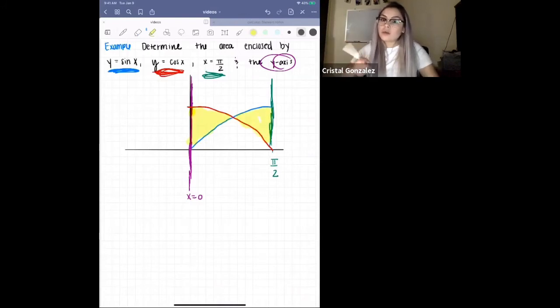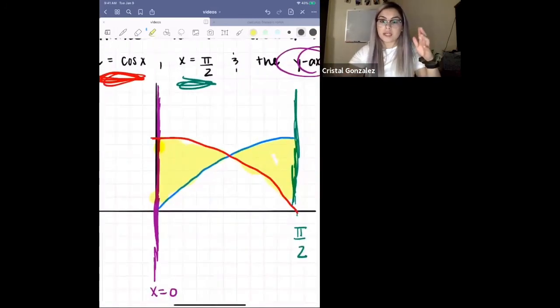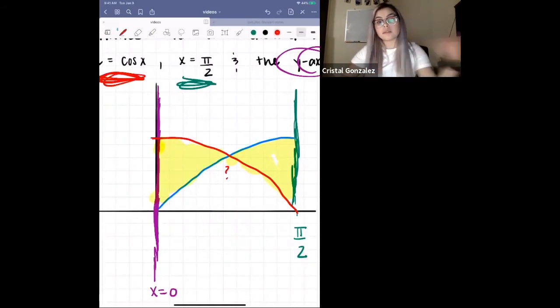Now I want you to notice something: when we first start from the left-hand side, our red function is above our blue function. And as we hit this spot, I don't know what this spot is yet, but hopefully you do, once we hit that spot, they cross paths, and our blue function becomes our top function, and our red cosine function becomes our bottom function.